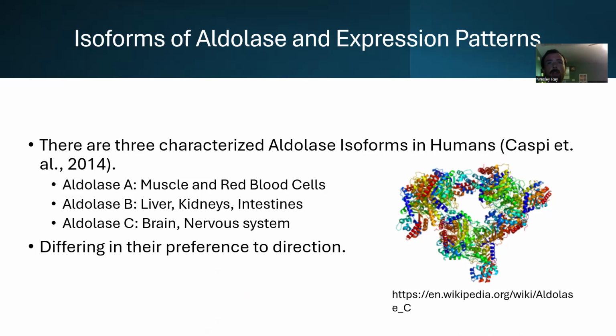Okay, they are very similar in size. They are very similar in length of gene, and they are very similar in role. They do the same job. It just depends on where they're doing it. And they have a difference in preference to which direction they want to go and what they want to work with. You've got some that would rather work with glucose and some that would rather work with fructose.